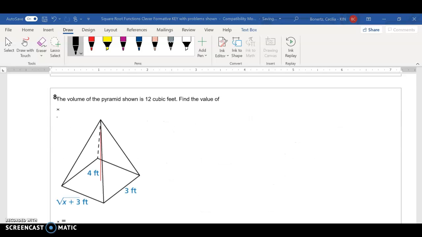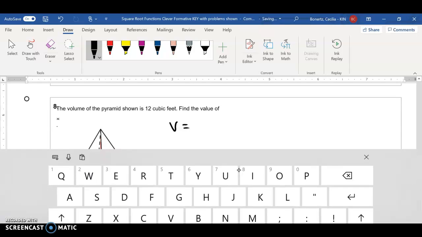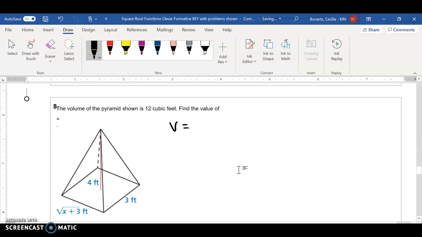The next problem was to find the volume of the pyramid, and you should have learned how to find the volume of a pyramid last year, but I didn't really expect you to remember the formula, so I gave it to you on the Google slide. But when I'm finding the volume of a pyramid, I know that my volume is going to be the rectangular prism that I'm starting with.